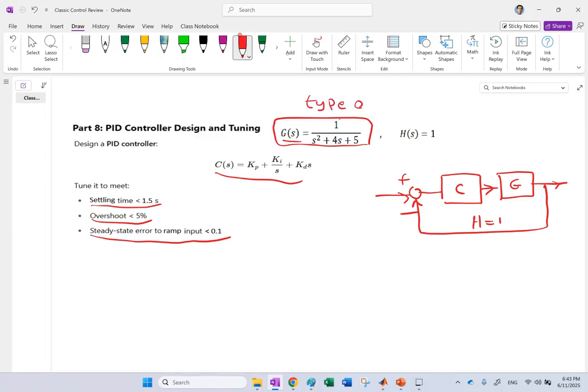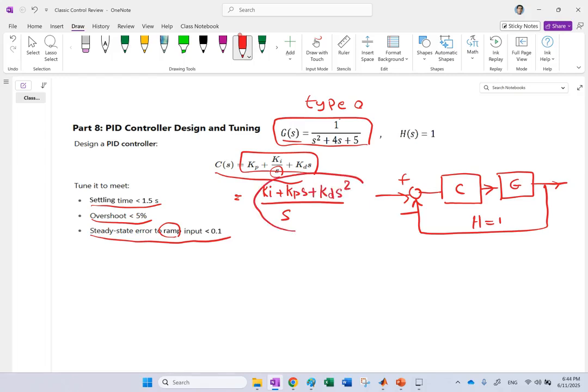And type 0, if you give it ramp, the steady state error will be infinite. So why ramp? Because when you add the controller, it has a pole at 0. So if you simplify this portion or take a common denominator, this is going to be S over Ki plus Kps plus Kds squared.